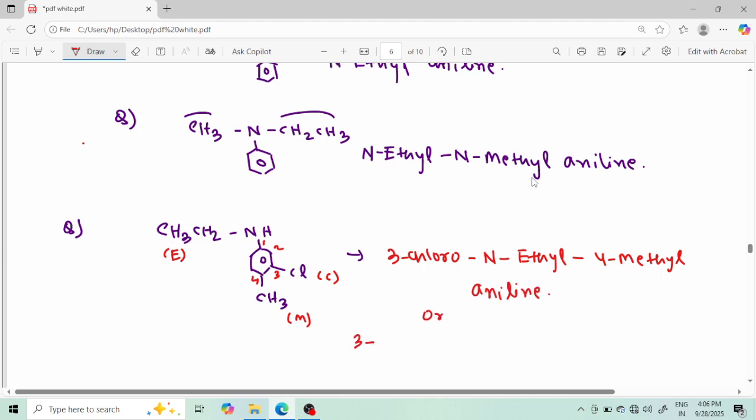The same name, 3-chloro, N-ethyl, then 4-methyl, you can write benzene amine. Same stuff. Let me write this benzene amine below so that it will be clear to you.